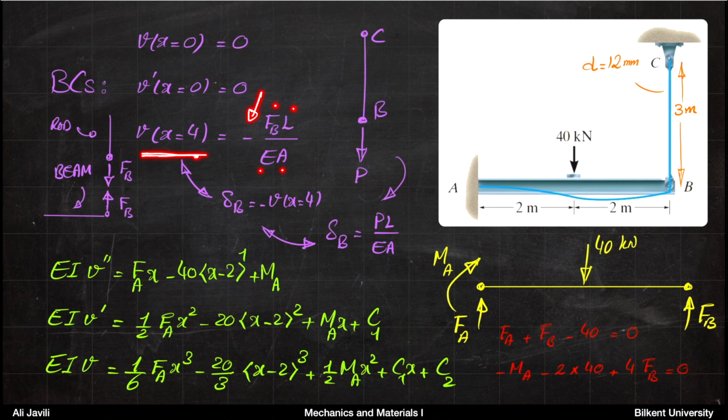So pay attention that the minus comes because of the difference in the signs. So if you imagine the elongation of a rod under a force P downwards, it would be PL over EA. But then that elongation basically requires a downward force.